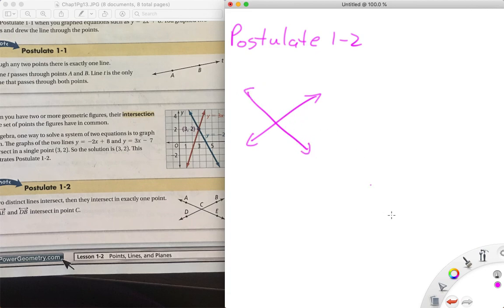When 2 lines intersect, they intersect to form exactly 1 point. So 2 lines, call it point P. 2 lines intersect. They form 1 point. When 2 lines intersect, they form 1 point.